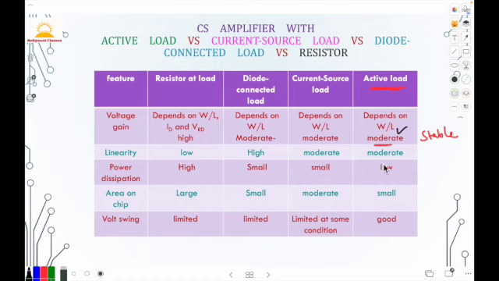It has moderate linearity, better than the resistive load and current source load amplifiers. The most advantageous feature of this active load amplifier is its low power dissipation. It occupies a small area on chip, and the active load shows a large voltage swing, which is better than other topologies of common source amplifiers.